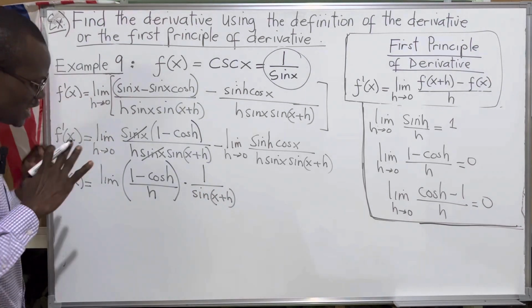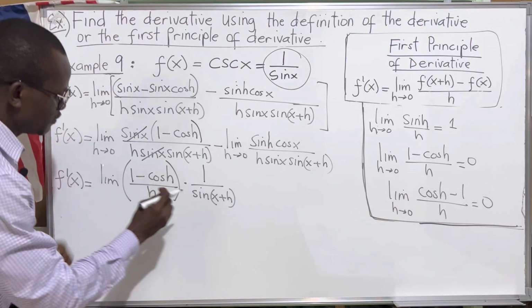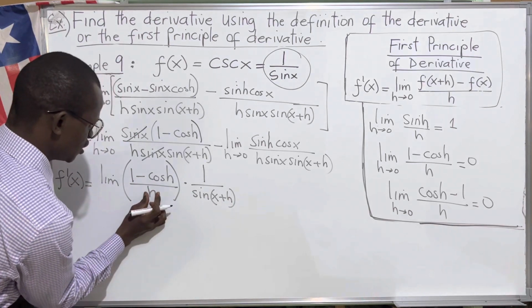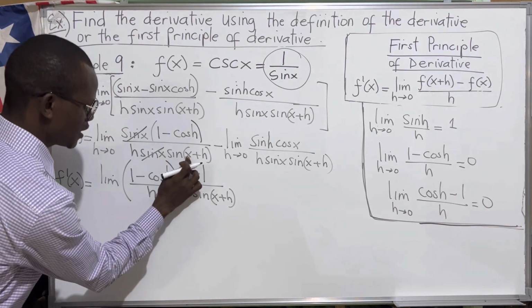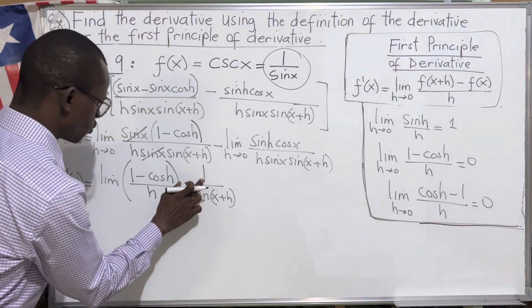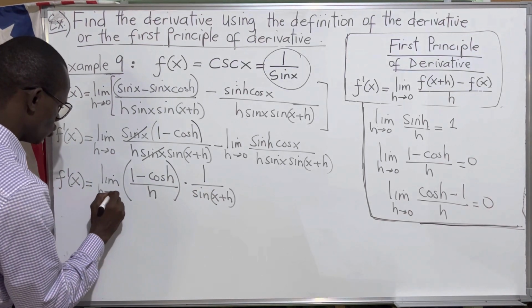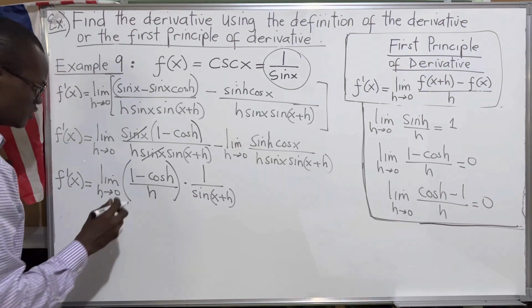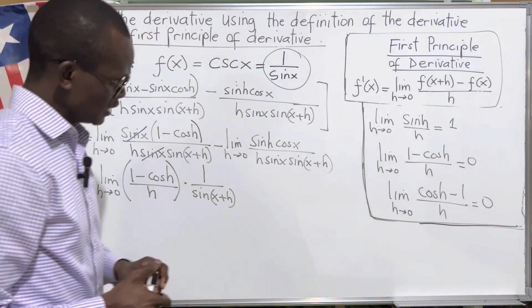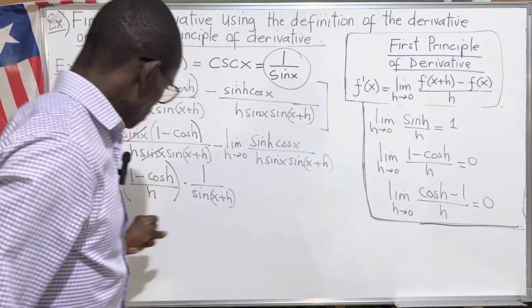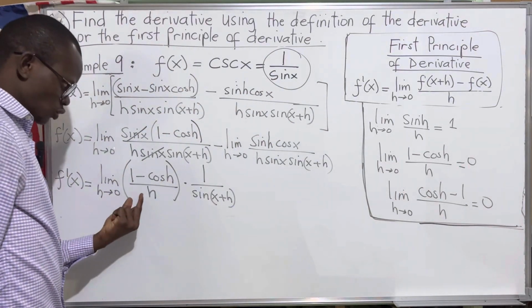We have not changed anything. It still remains the same, because if you multiply this by this h, you will be left with h sine of x plus h. If you multiply this 1 by this numerator, it still gives you the same thing. Why did we do this? We did it because we want to bring in this property so that this expression can go to 0.